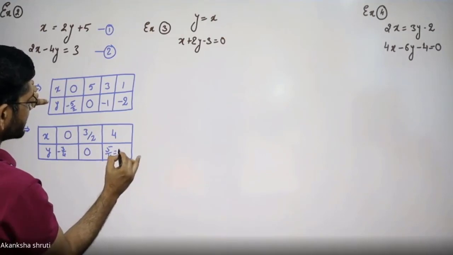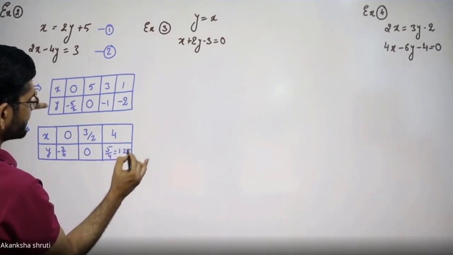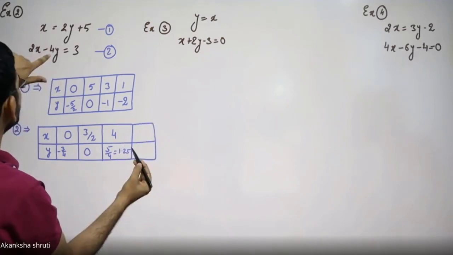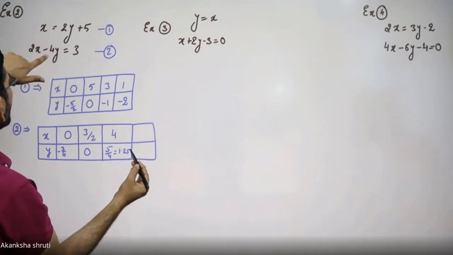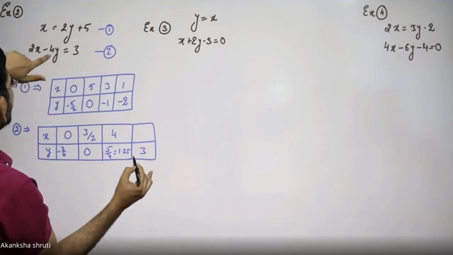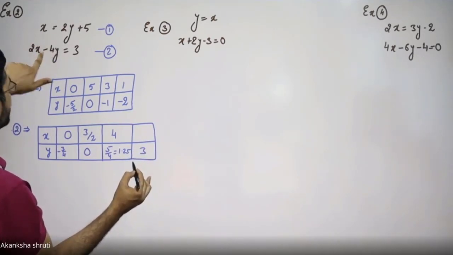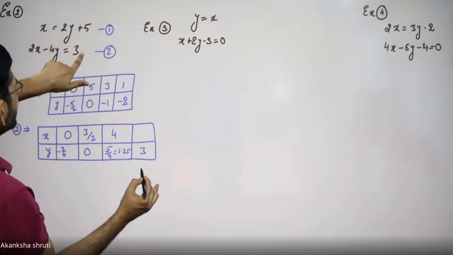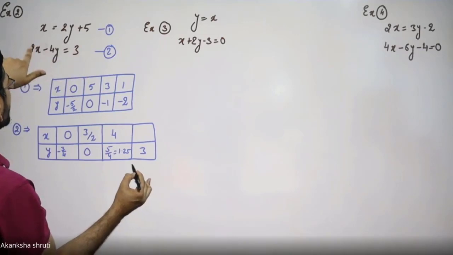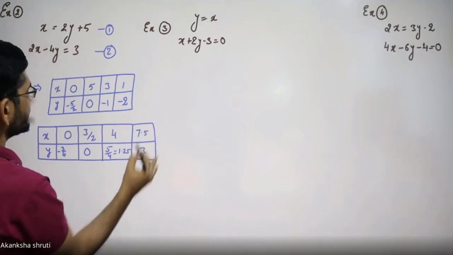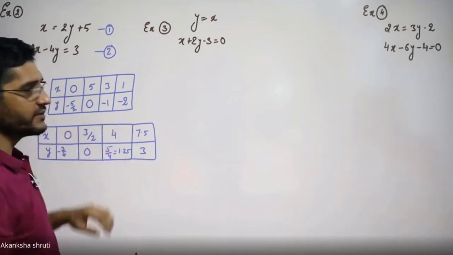Even you can take one more y. Let us take y as 3. Taking y as 3, 3 4s are 12. This 12 will go on the right hand side and add to this 3. It becomes 15 by 2, which is 7.5. This way, the second table we have also prepared.